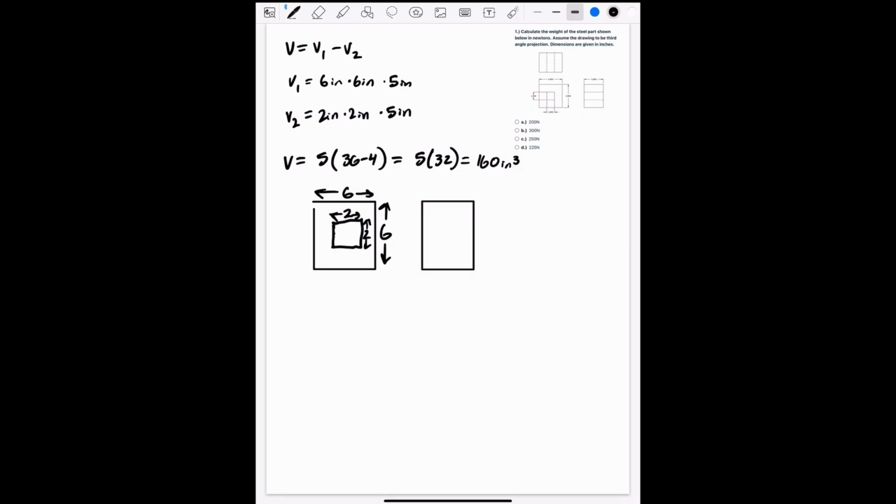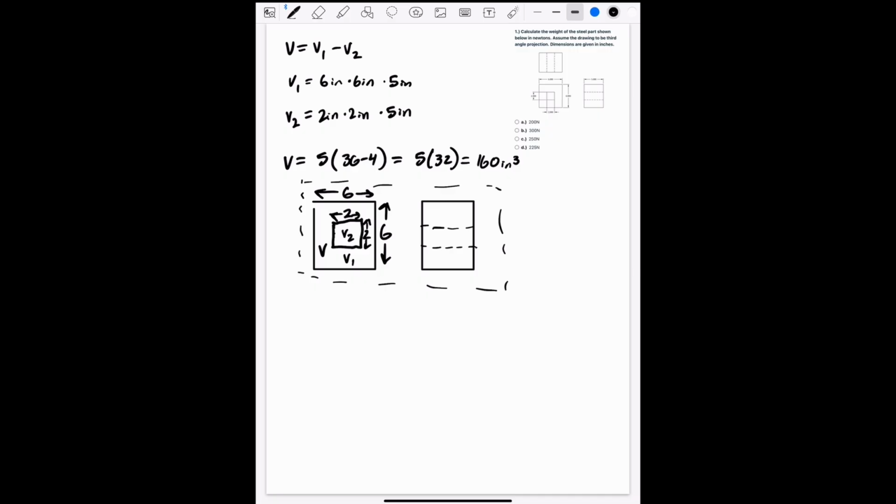That would be good for you to review for the exam as well. That would be looking at this shape right here. So the volume that I found, this is the total volume, which is V1, I guess this is also V1 minus V2. So hopefully that all makes sense.